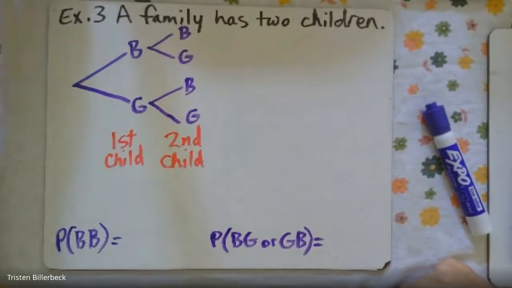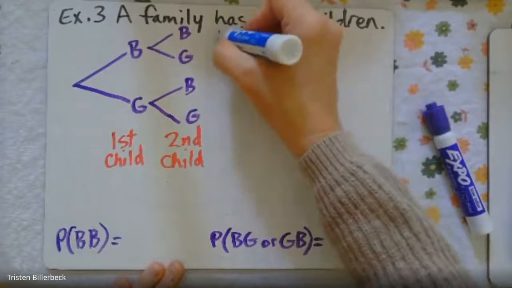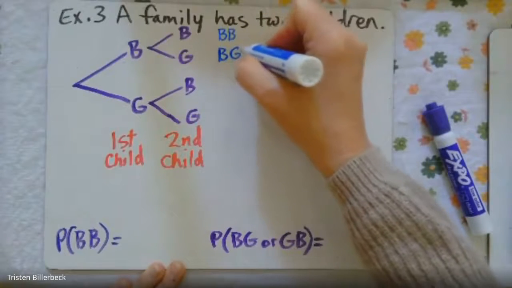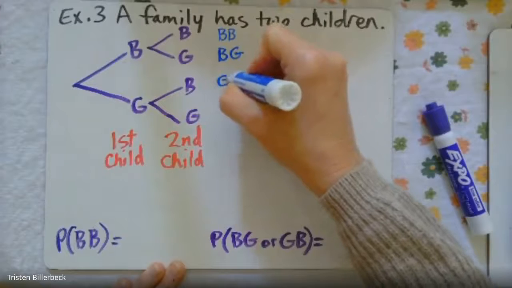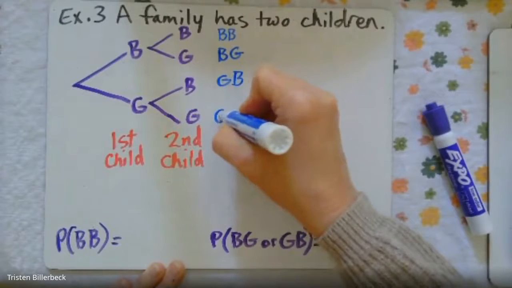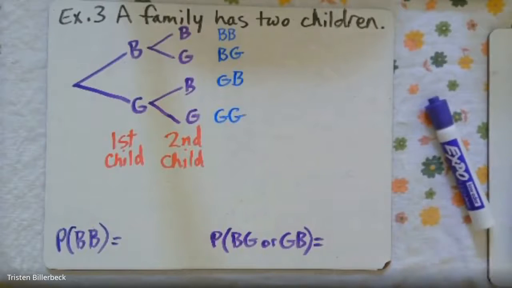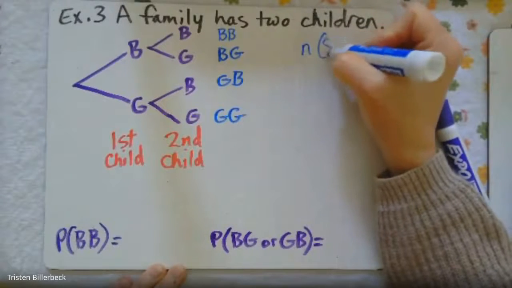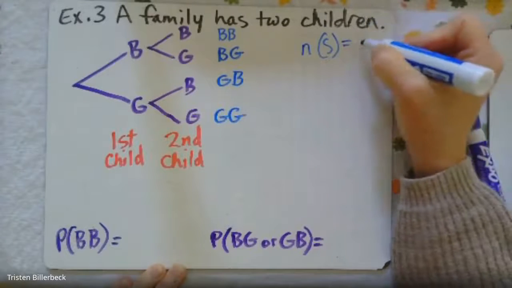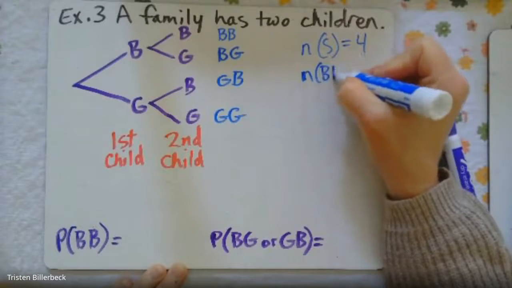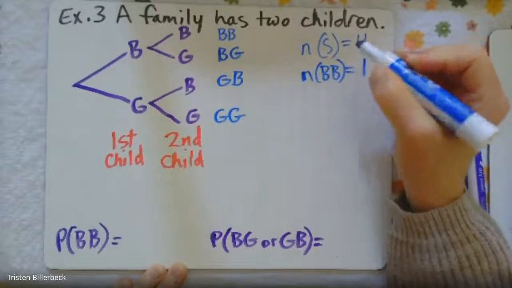All right. So if we look at that probability and list these out, we would have BB, BG, GB, and GG. So the number in our sample space, the number of outcomes, is 4. So the number of outcomes of boy, boy is 1.